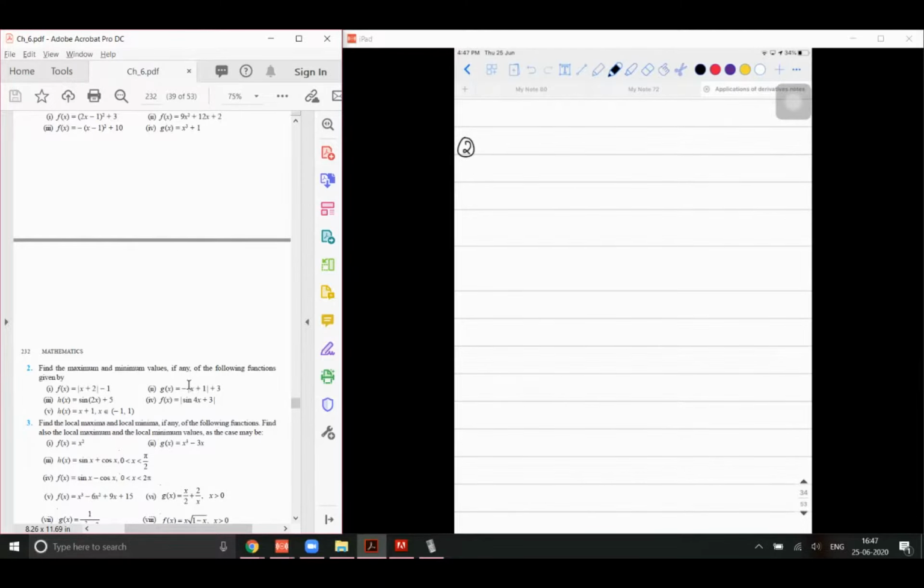Find the maximum and minimum values, if any, again here, of the following functions given by. Here they are dealing with modulus functions. So f of x is equal to mod x plus 2 minus 1. So first, before you differentiate, we need to define the function. How to define?